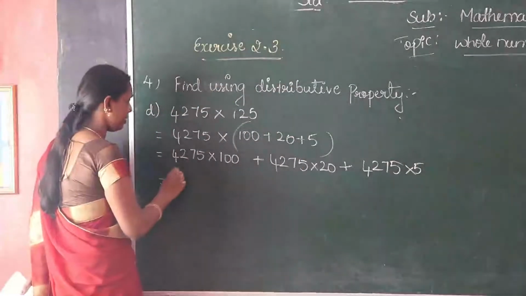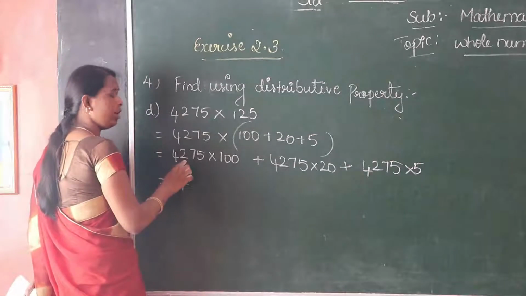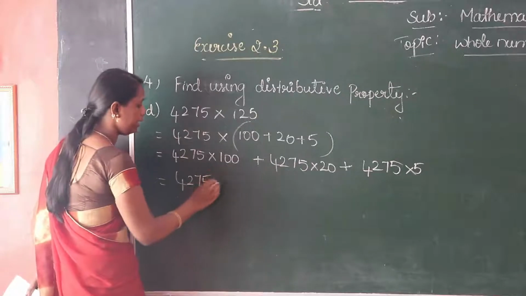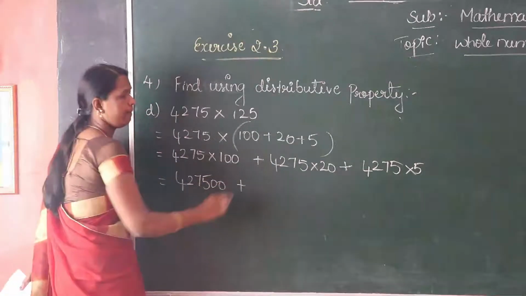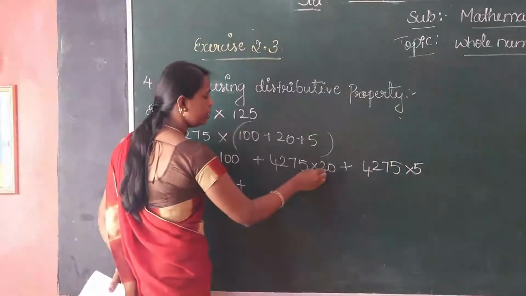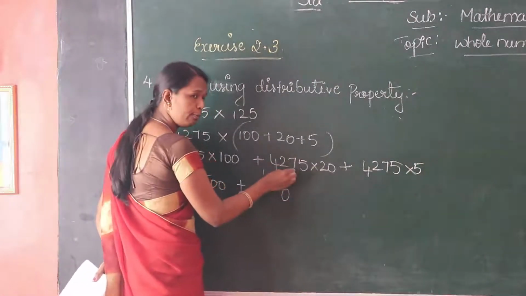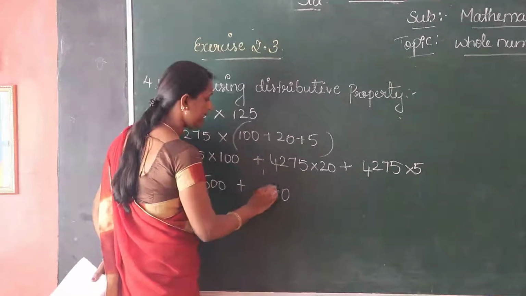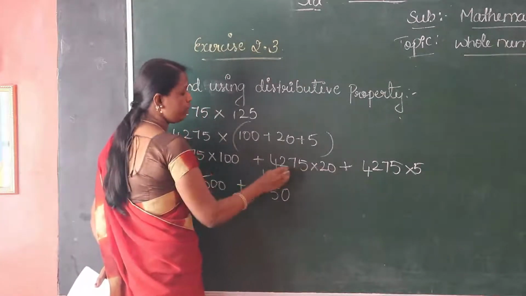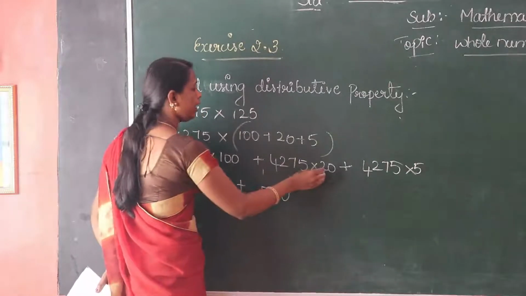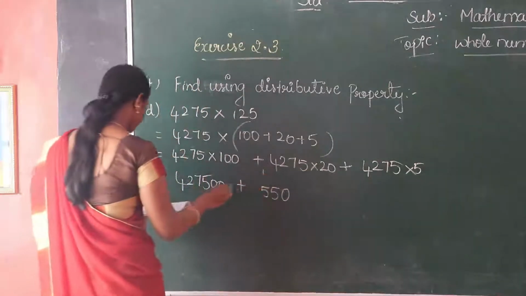So first directly we multiply 4275 ones are 4275, remaining 2 zeros. Plus, 2 5s are 10, 1 carry, 2 7s are 14 plus 1, 15, 1 carry, 2 2s are 4, 4 plus 1 more, 5. Next 2 4s are 8.